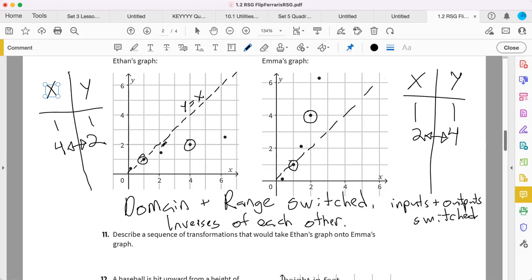If you reflected all of these points over the y equals x line and vice versa, they would map onto each other. So what could you do? You could mirror or reflect over y equals x. That's fair game. You can sketch it out. You can try it, but that's something you could do to show that Ethan's graph could eventually transform over to all of the points that Emma has graphed.